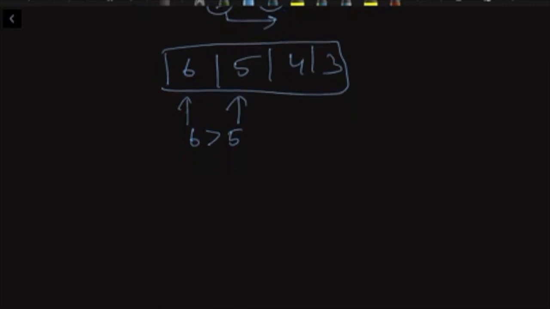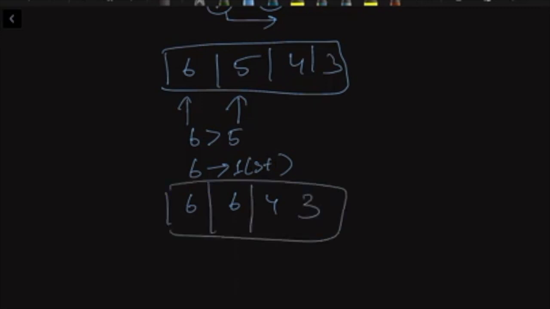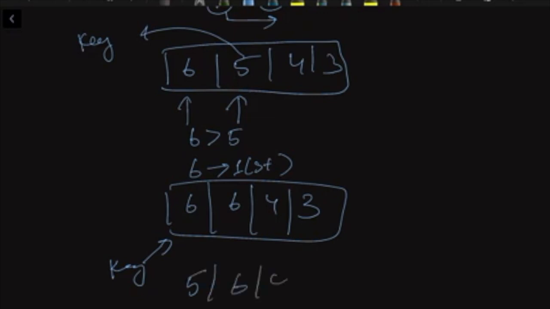So we'll push 6 to the right, onto the first index, so our new array will become 6, 6, 4, 3. Meanwhile, during this process, we will be storing the 5 value in another variable, let's call it key, and later on we'll place the key at the 0th index. So later on it will become 5, 6, 4, 3.